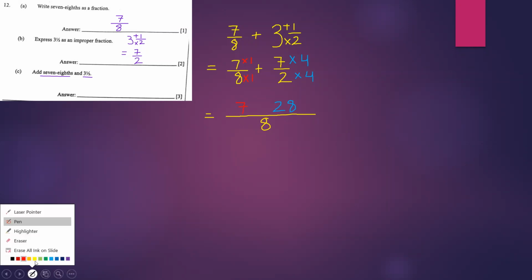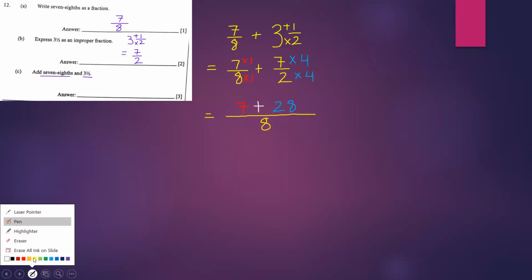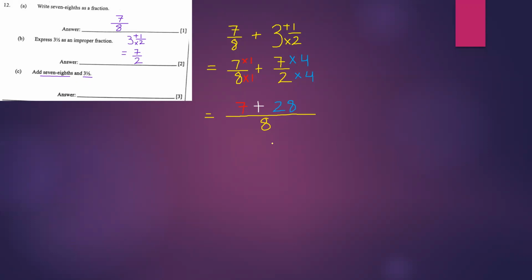And the operation between them is definitely addition. So let's add. What is 7 plus 28? 35. So the answer is 35/8.